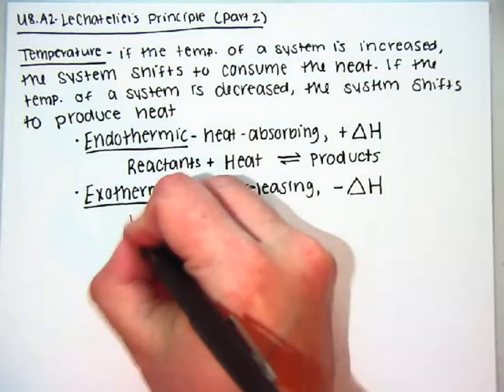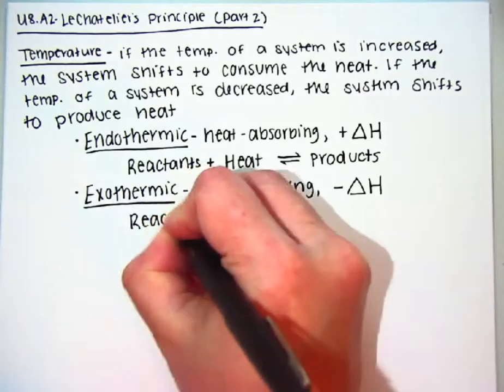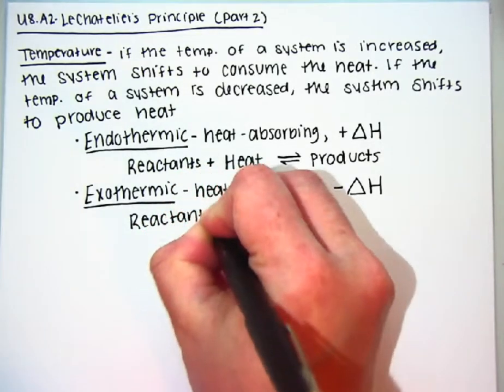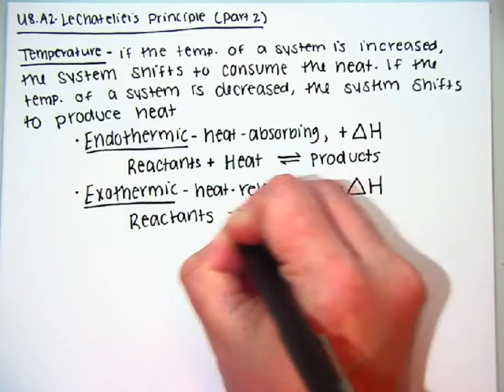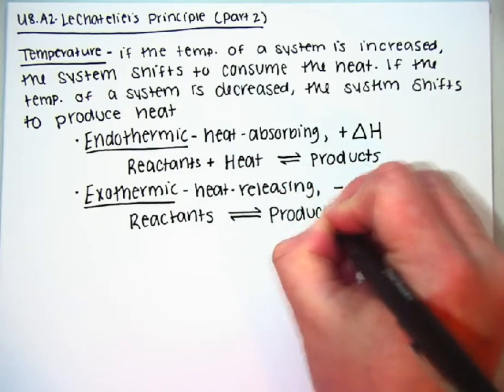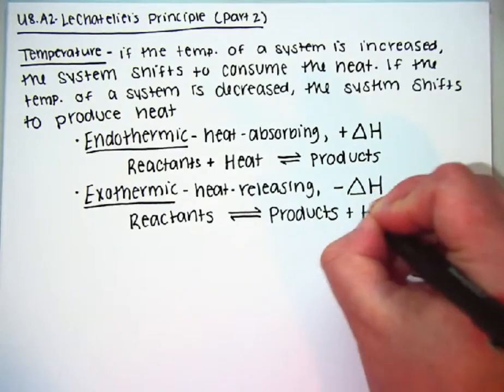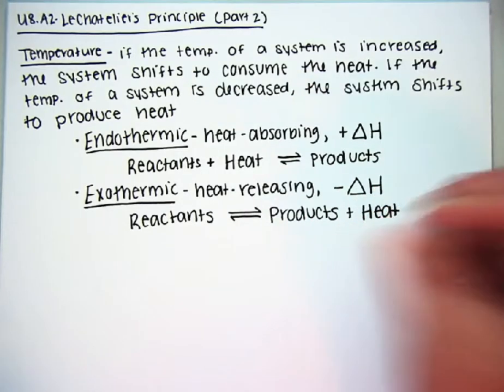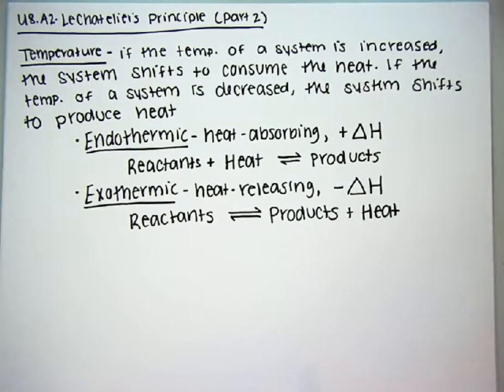Well, now if a reaction is releasing heat, we can think of heat like a product. So this will be very, very important to keep in mind because you need to know what side of the reaction heat is going to be on.